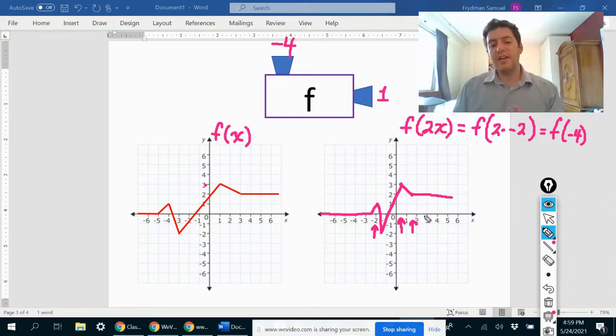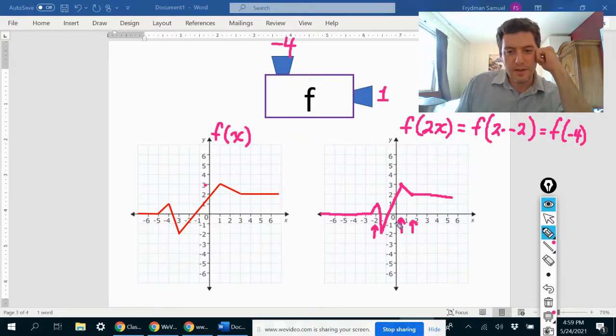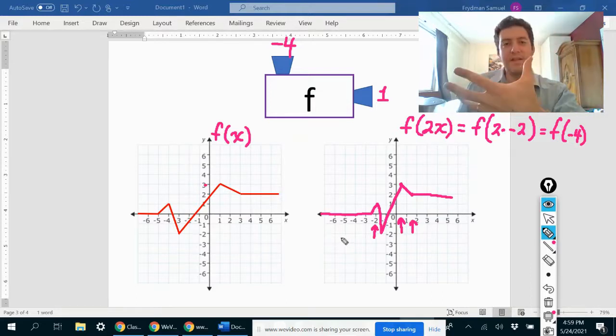And just to get an intuitive sense of why that's happening, again, I like to think of time. So everything here is kind of happening twice as fast, right? So when 1 minute passes, let's say this guy's twice as fast as this guy over here.